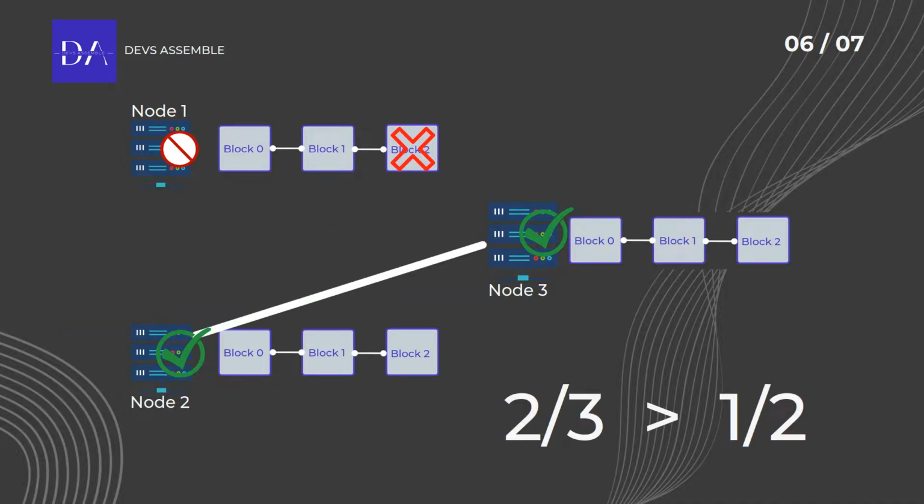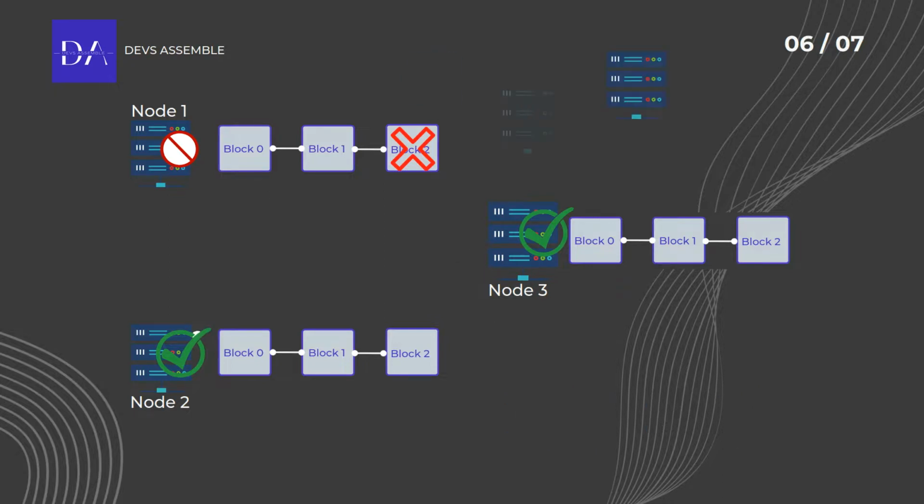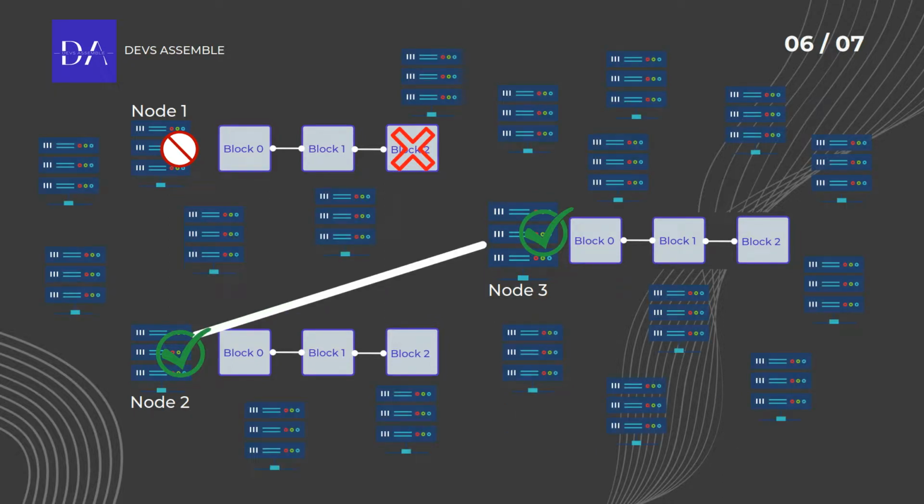So 2 out of 3 is obviously greater than half, right? And that's how we have the consensus. Anytime a majority agrees, that becomes the truth of the blockchain. So now node 1 has been kicked out. In reality, it isn't about 3 nodes because we could have millions of nodes spread across the world.